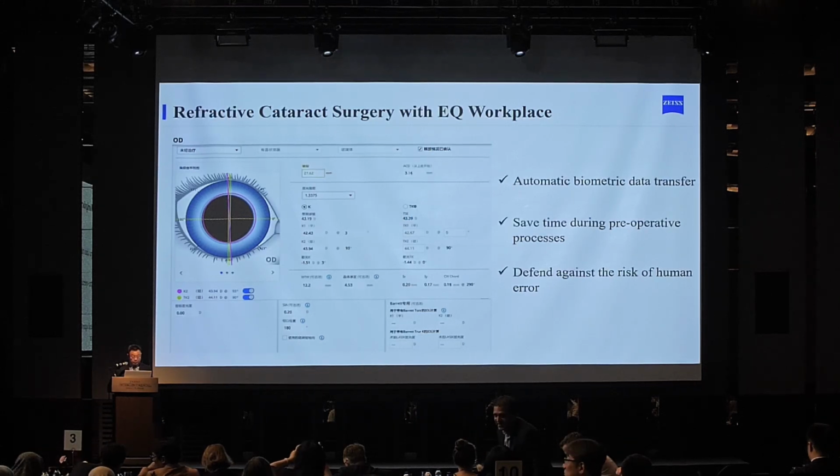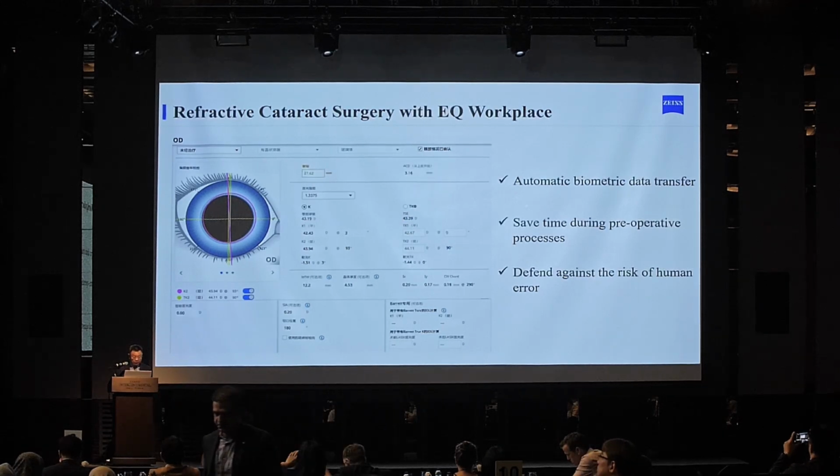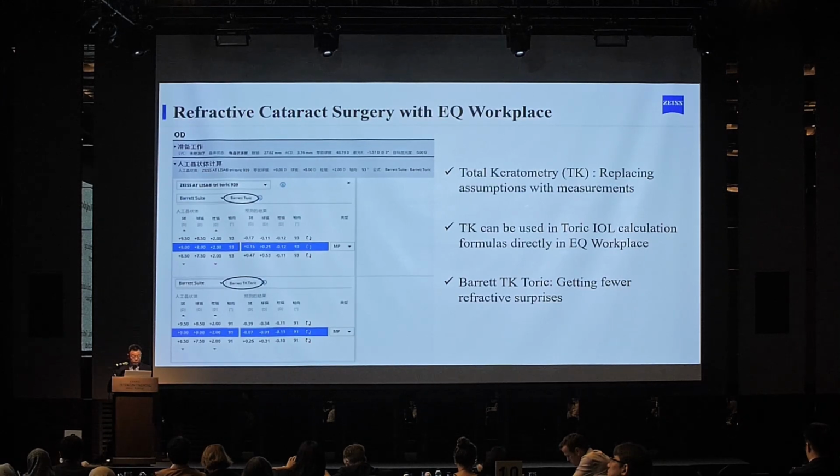The EQ Workplace has many advantages for refractive cataract surgery. One of the most significant improvements is that it can transport data automatically, thereby minimizing human errors. As we know, the IOLMaster 700 can measure the posterior corneal surface, and the total keratometry can be used in the EQ Workplace to calculate toric intraocular lenses directly without the need of third-party software or an online calculator.